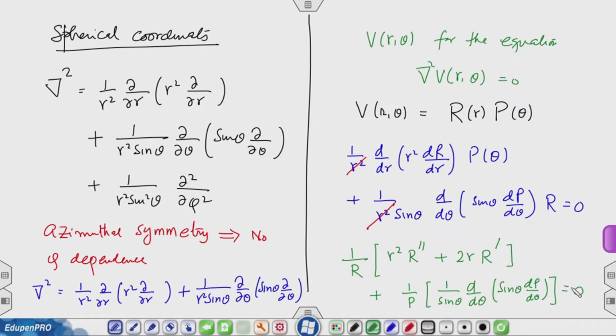So, when I use separation of variables, this is the form that this equation gets reduced to.